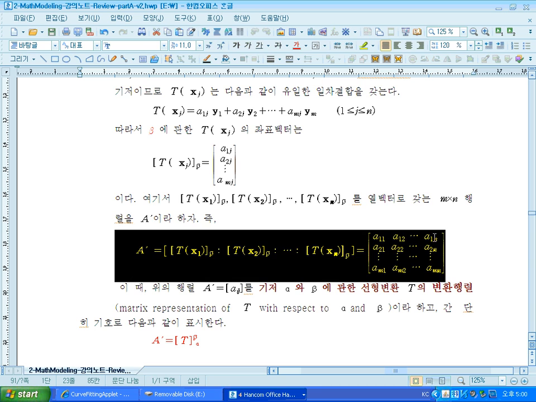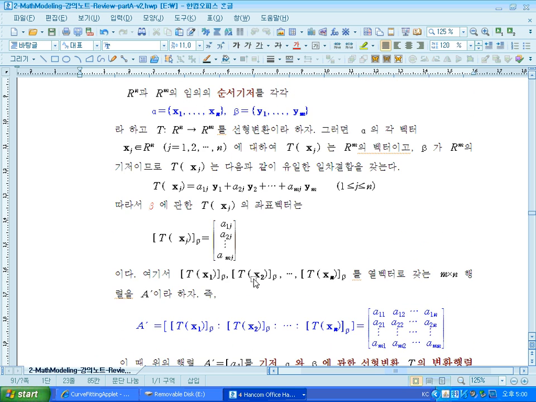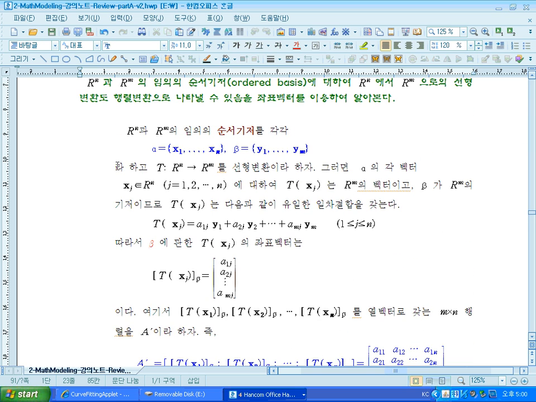This matrix can be written in this way. Then how can we find these Ai's, or the column vectors of this matrix representation? This can be done by this algorithm.